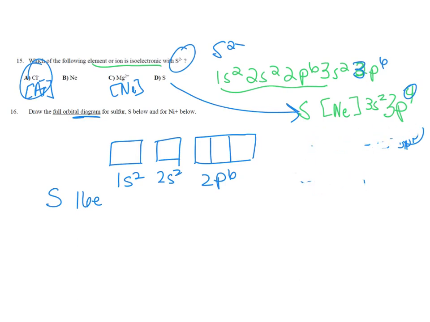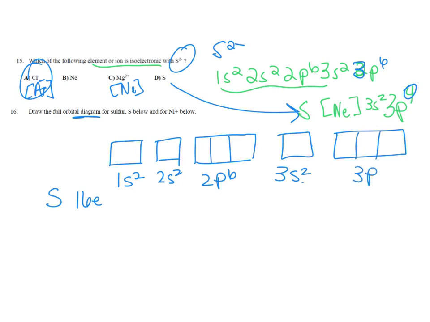I'm just going to give it some working space. And then we're coming down to 3s2, and then 3 orbitals for 3p, and then count your electrons: 1, 2, 3, up to 16. And you can see it's the fourth element in the p block, so that's also correct.